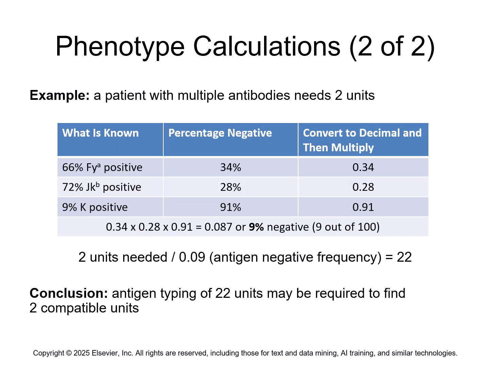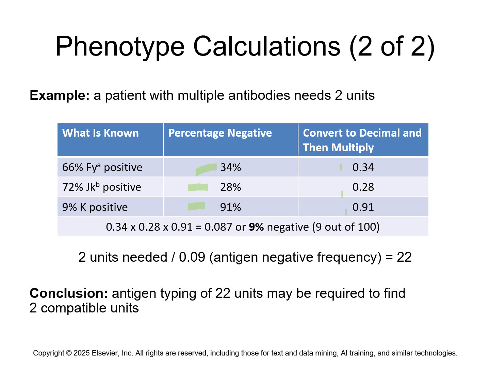This is another example of a patient with multiple antibodies that needs 2 units. So we apply the same principles here. 100 minus 66 is going to give us 34. 100 minus 72 is going to give us a negative percentage of 28, and 100 minus 9 is going to give us 91. We convert those to decimals and multiply them together.